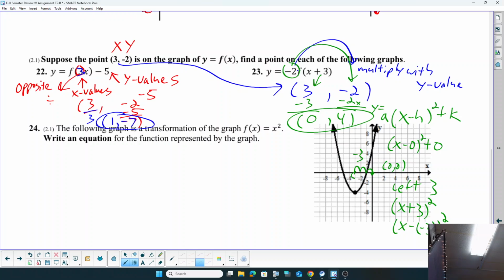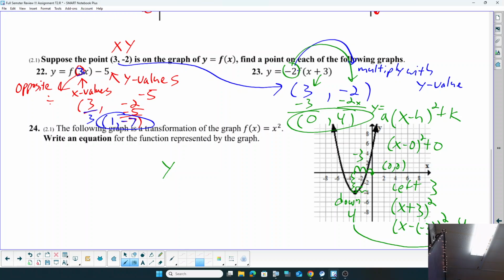And then we're going to go down: 1, 2, 3, 4. So we're going down 4, and down 4 is just as it says. So the up or down is just what it says: positive, positive, negative, negative. But the left and right is the opposite sign. So let's make sure our slope is right.